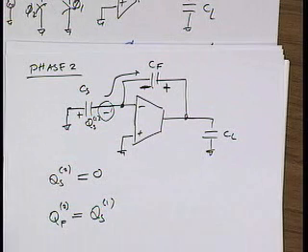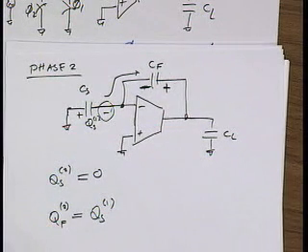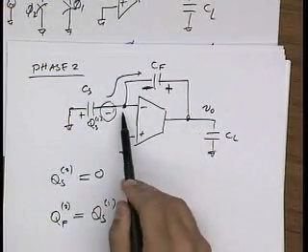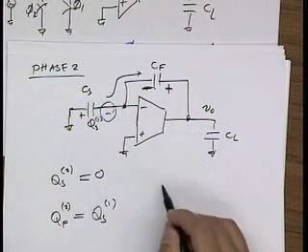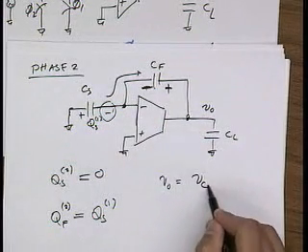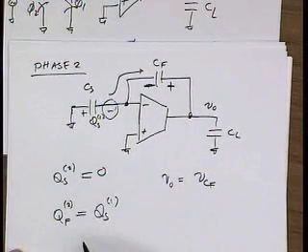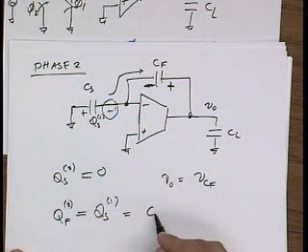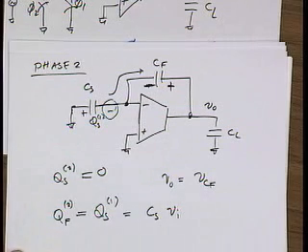Yeah, okay. Well, in phase 2, the output voltage is really from this terminal to this terminal, which is ground, and so Vout is the voltage across CF, right? And so if I go back here and write down some equations, this is equal to CS times the input voltage, right?